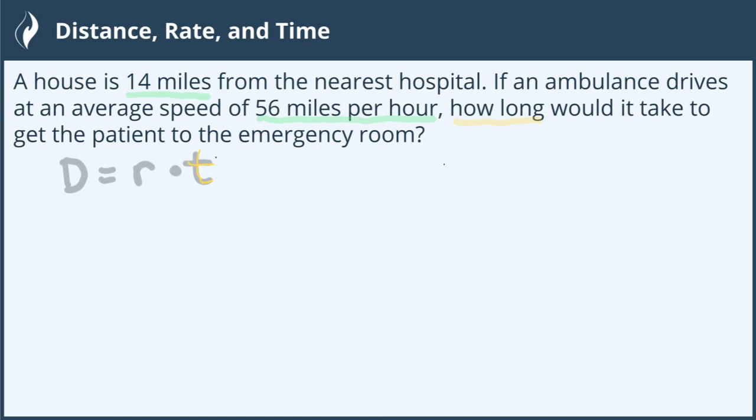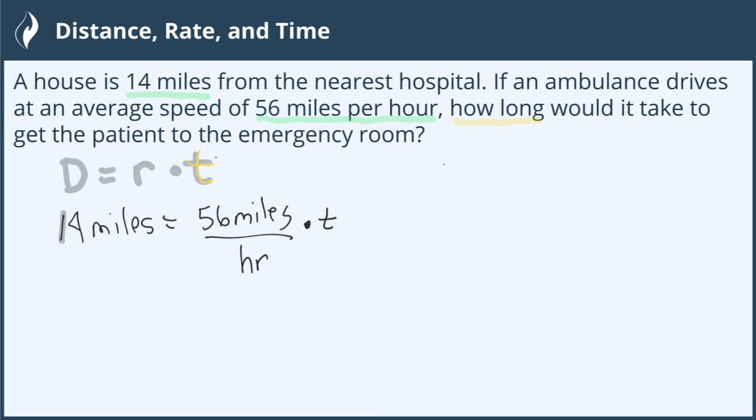We know 14 miles, and that's a distance. So 14 miles equals the rate, which is 56 miles per hour. But we don't know the time, so we're going to multiply that by the time.